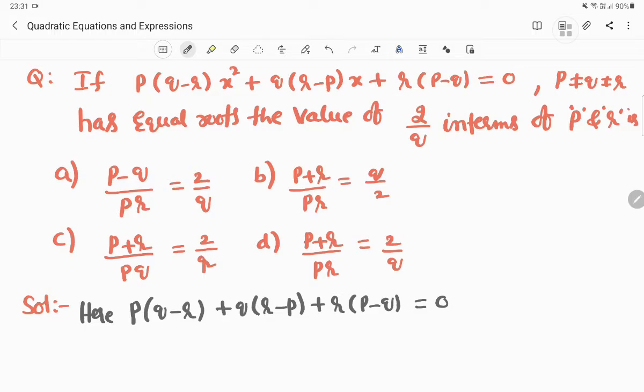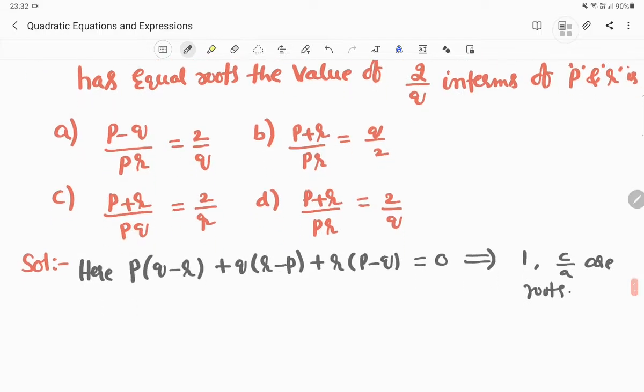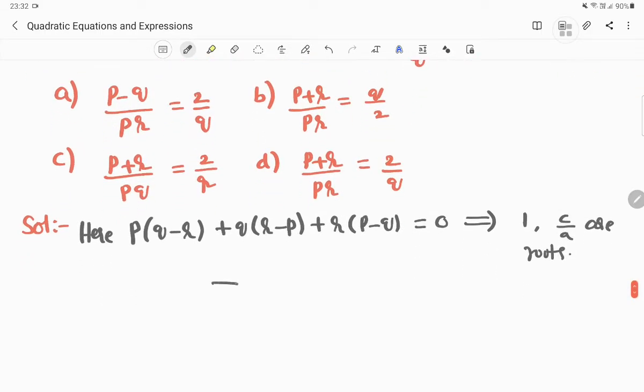Obviously it is 0. By actual multiplication, all the terms cancel to 0. Whenever the sum of the coefficients of x square, x and constant is equal to 0, that implies 1 comma c by a are the roots.